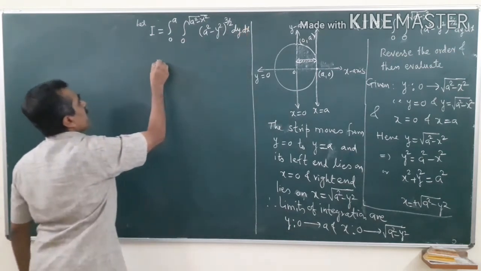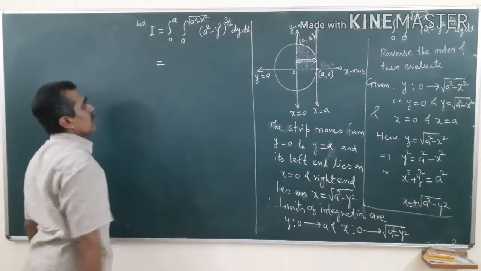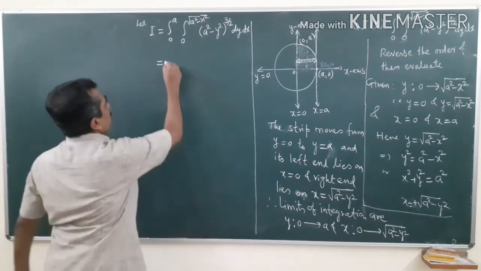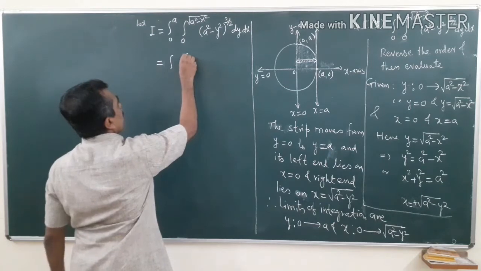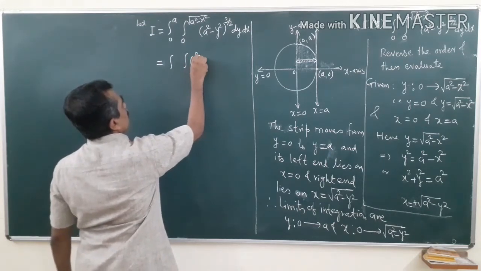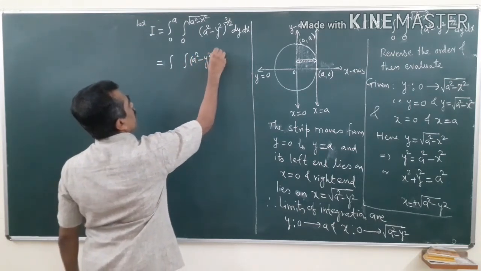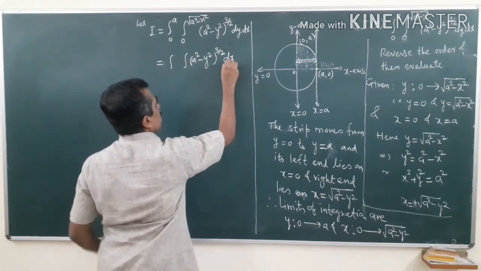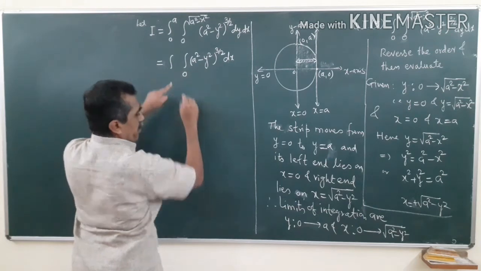Now we will make it first with respect to x. So this is equal to integral. Now we want to make the integral first with respect to x, so the integrand will be as it is. So the limits of x here, what are the limits of x?